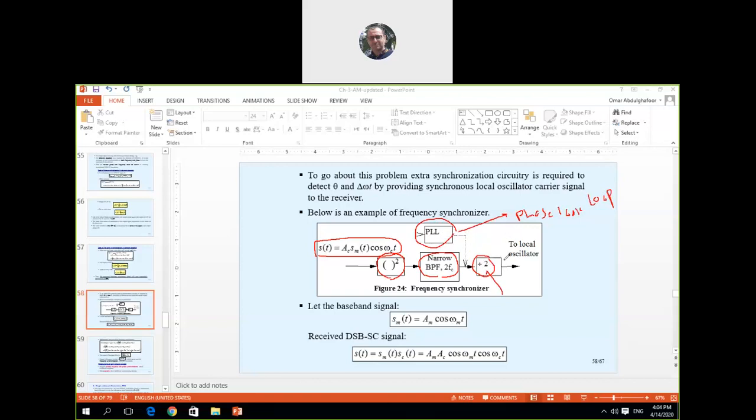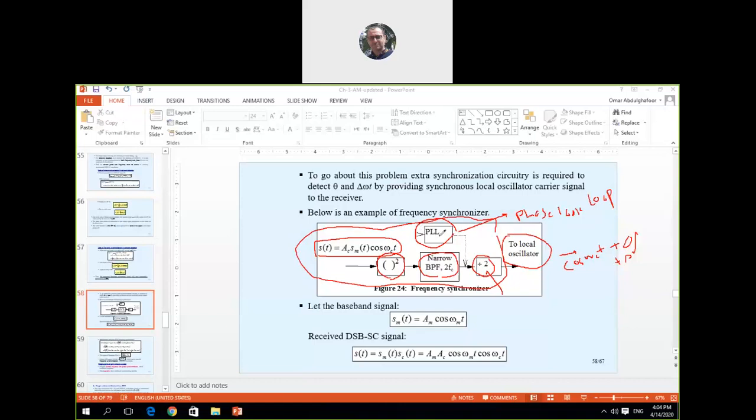That means all the circuits here are just before the local oscillator, which we only need to generate. The output here we need to make cosine omega c t only, with no phase and no frequency error. So all this complicated circuit is to generate the synchronized local oscillator, synchronized with the modulating signal.